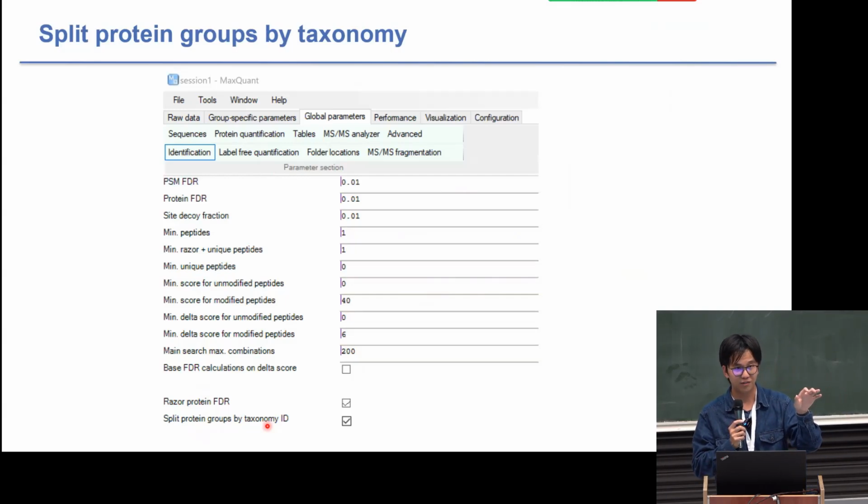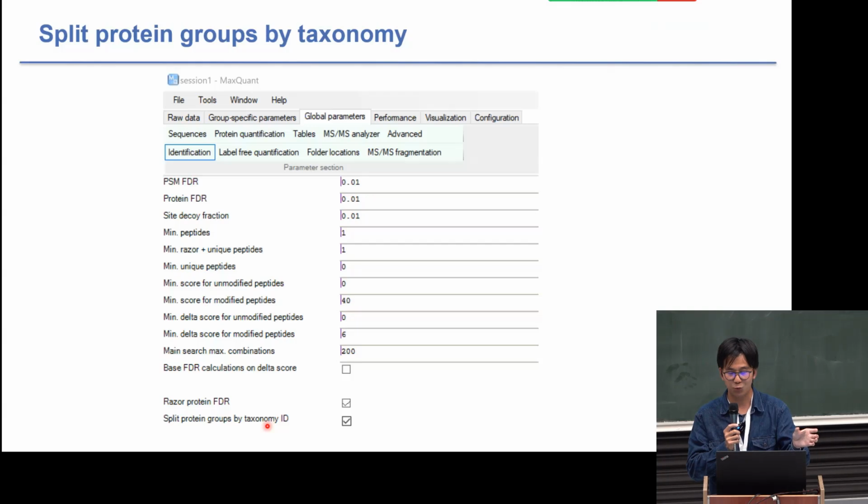So in this case, if you know that a mouse protein and an E. coli protein share the same peptide, it doesn't really make sense to put them into the same protein group to do the quantification, because they should not be one protein group, since they are from different organisms.